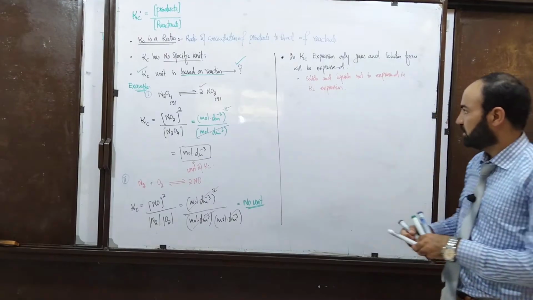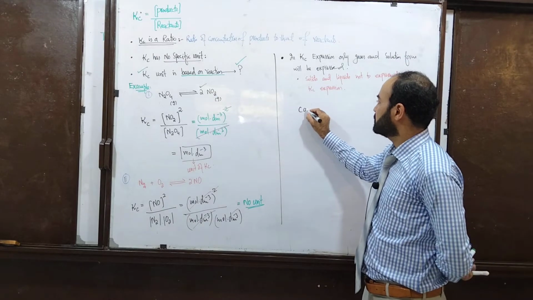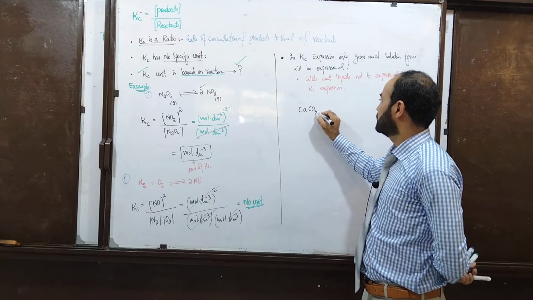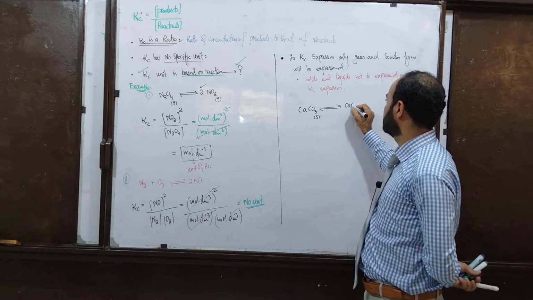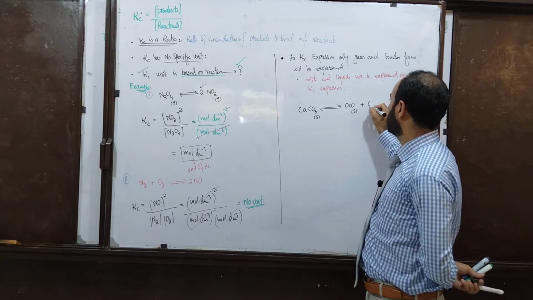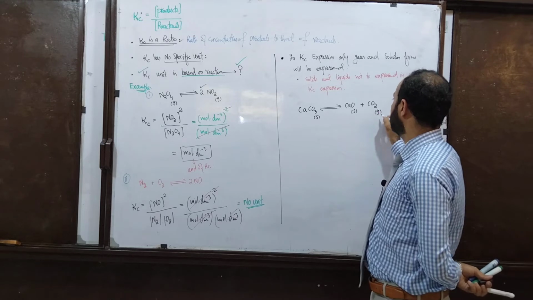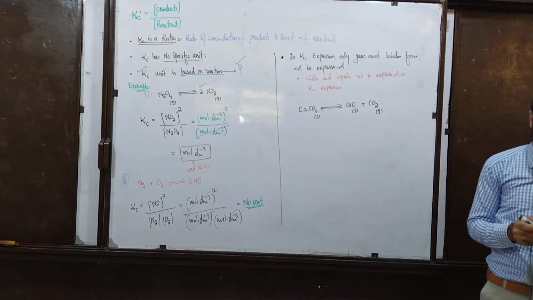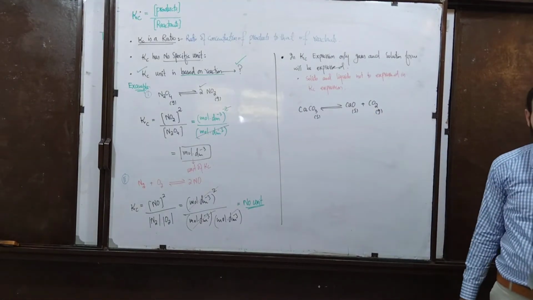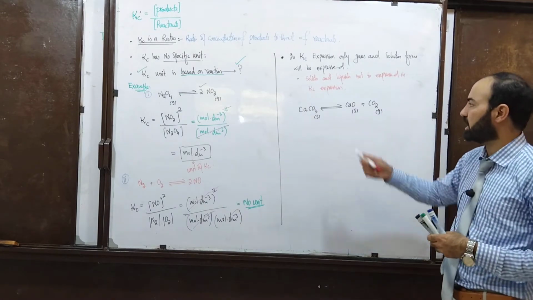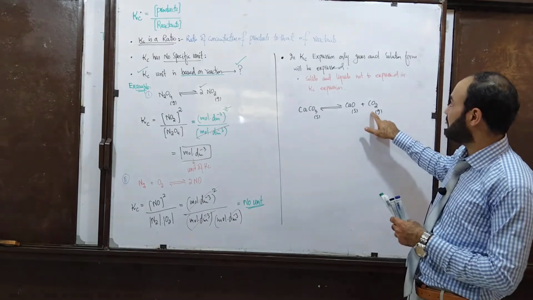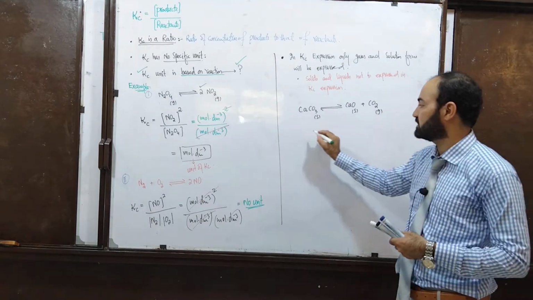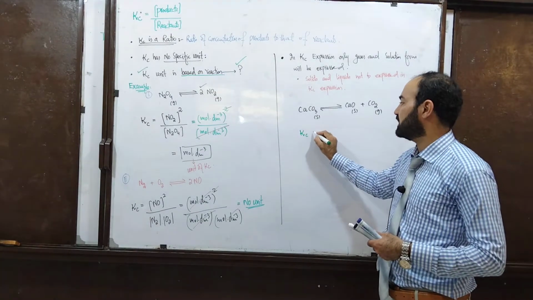For example, calcium carbonate decomposes to form calcium oxide and carbon dioxide. If a question is raised that asks you to write the Kc expression for this equation, remember, don't write the solids in the Kc expression. You have to just write the gases and solution forms in the Kc expression. So we will write the Kc here.